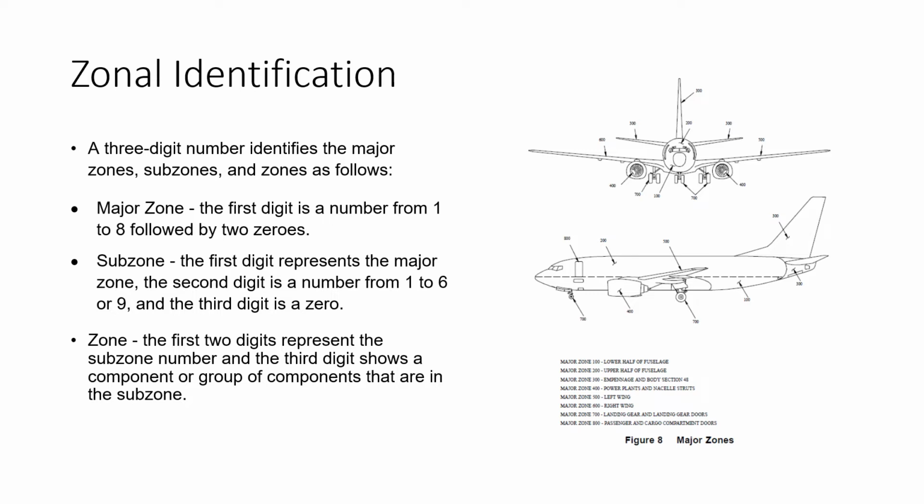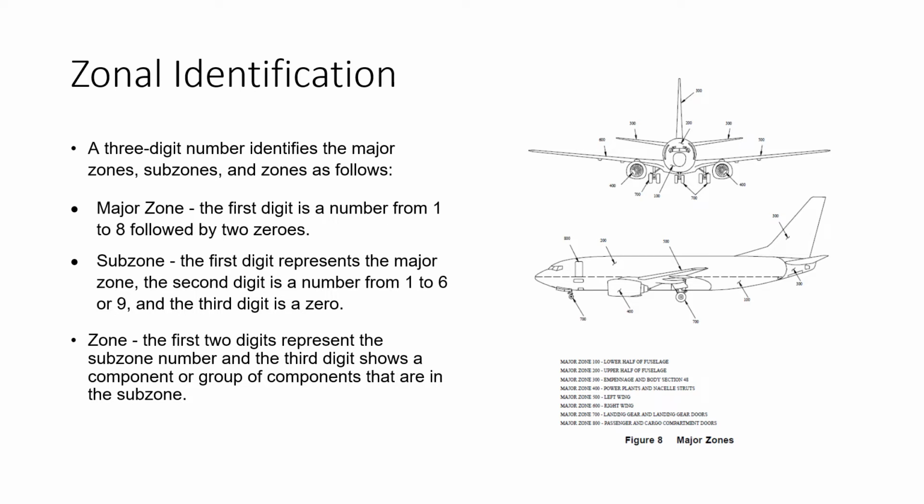So zone 100 is the lower fuselage, zone 200 is the upper fuselage, zone 300 is the empennage and body station, zone 400 is the power plants and nacelles, zone 500 is the left wing, zone 600 is the right wing, 700 is the landing gear and landing gear doors, and 800 is the passenger and cargo compartment doors.